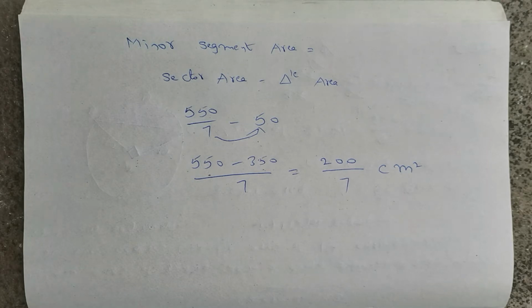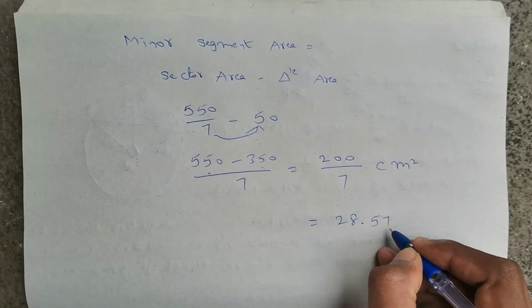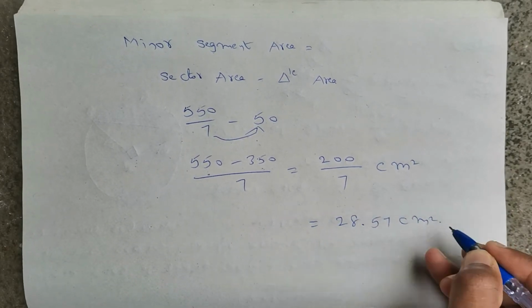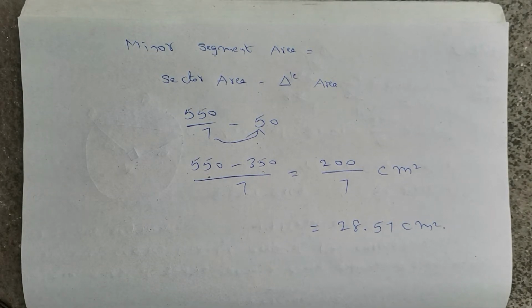If we write it in decimal point, we will get 28.57 centimeter square. So the area of the minor segment is 28.57 centimeter square.